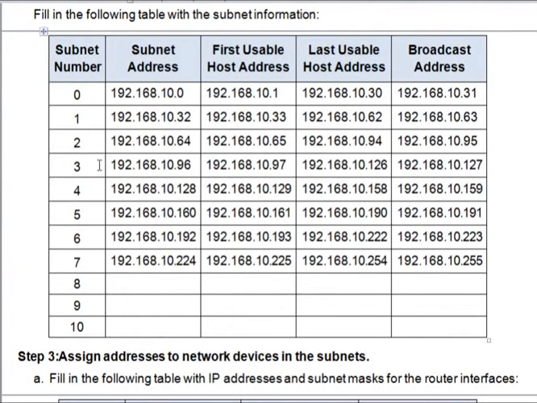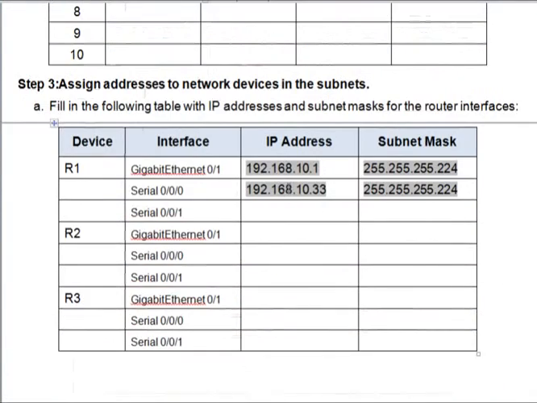The addresses we can allocate for the 0/0/1 interface are any addresses within this range. So let's use the .97 address for 0/0/1, in this case 192.168.10.97.